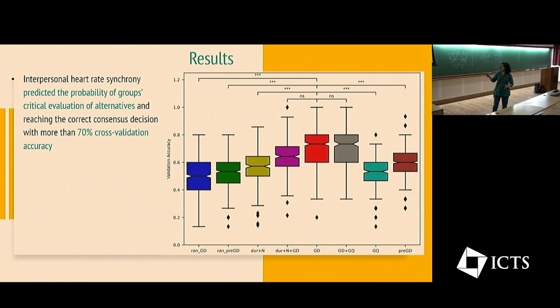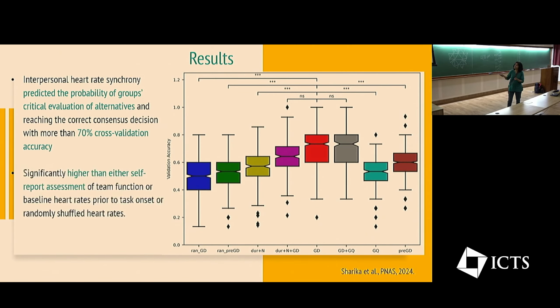We found that their heart rate synchrony measures were able to classify which groups would be productive versus not, with 70% cross-validation accuracy. So it's again a classification result, and it was significantly higher than either the self-report assessment of group function or the baseline group measure of heart rate.